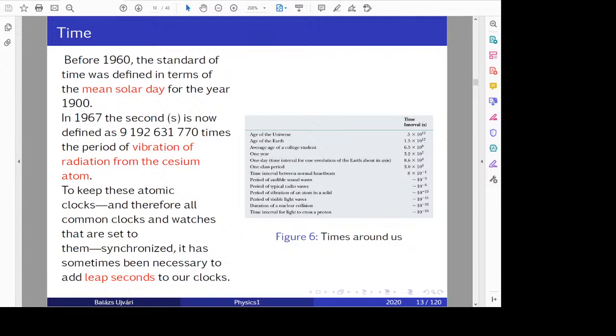Therefore, there are leap seconds in every, let's say, fourth of the year.